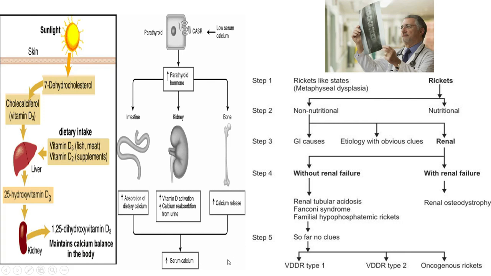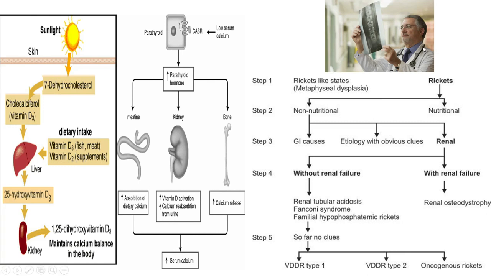Then when the level of calcium is adequate, there will be negative feedback, and again the parathyroid hormone level will decrease. So this is a biological feedback, that is normal homeostasis maintained in our body. But when this is hampered by any type of disease, it will hamper the whole homeostasis of calcium and vitamin D metabolism.